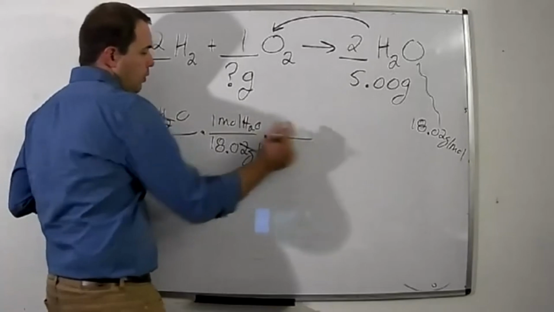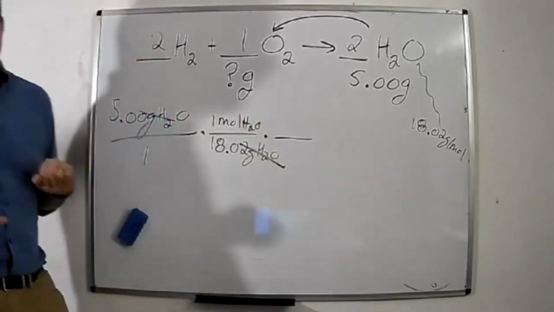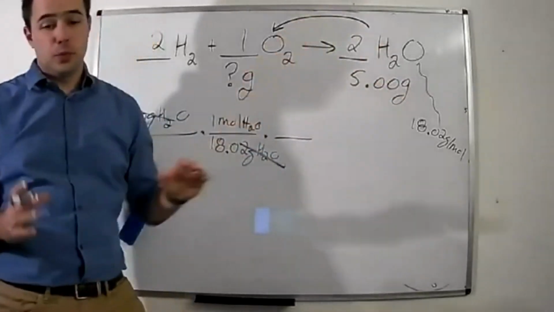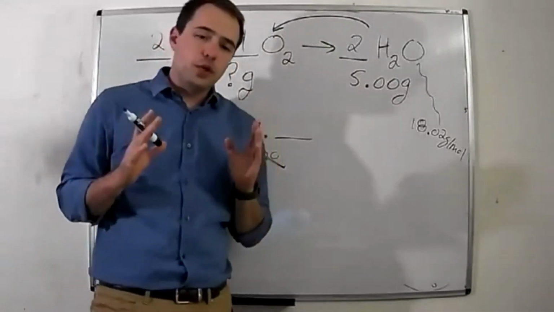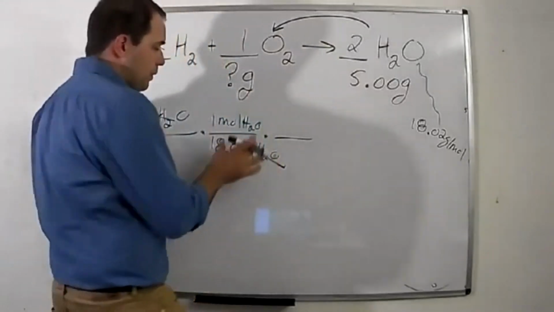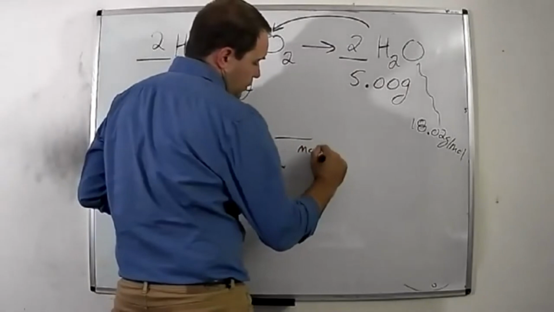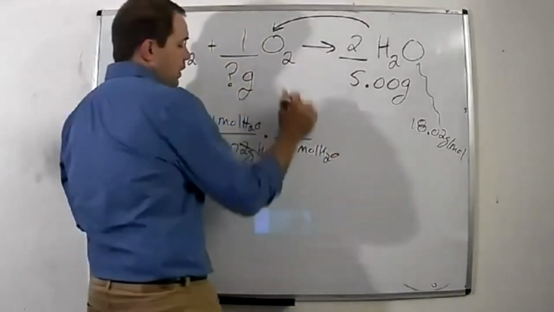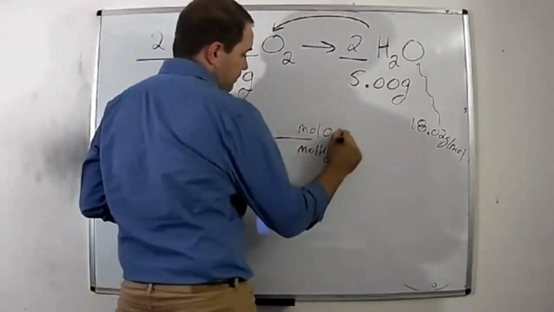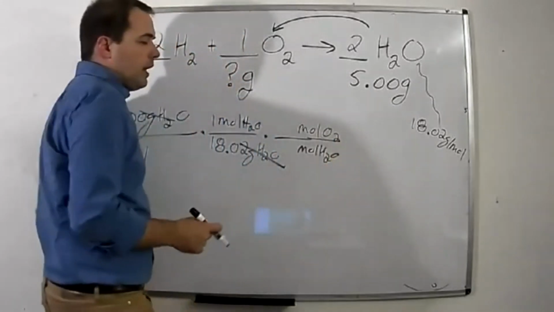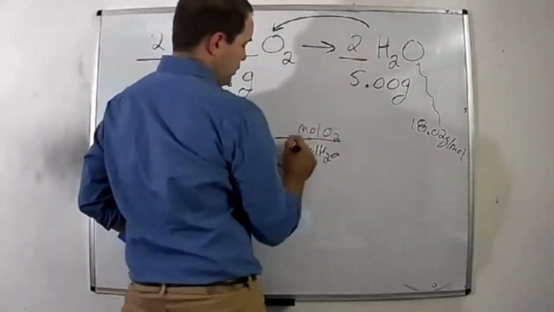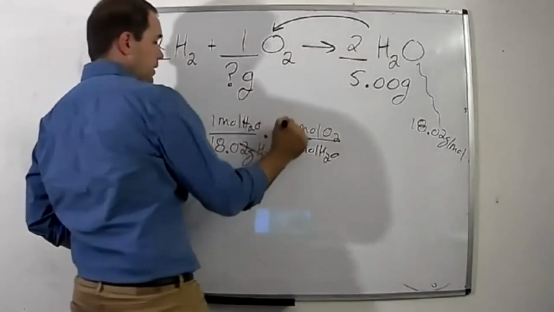So now we're in moles of H2O. And now I can jump, because once you're in moles, you can jump. So now I can do a mole ratio. Moles of H2O on the bottom, moles of O2 on the top. The H2O is going to get a 2, and the O2 is going to get a 1.